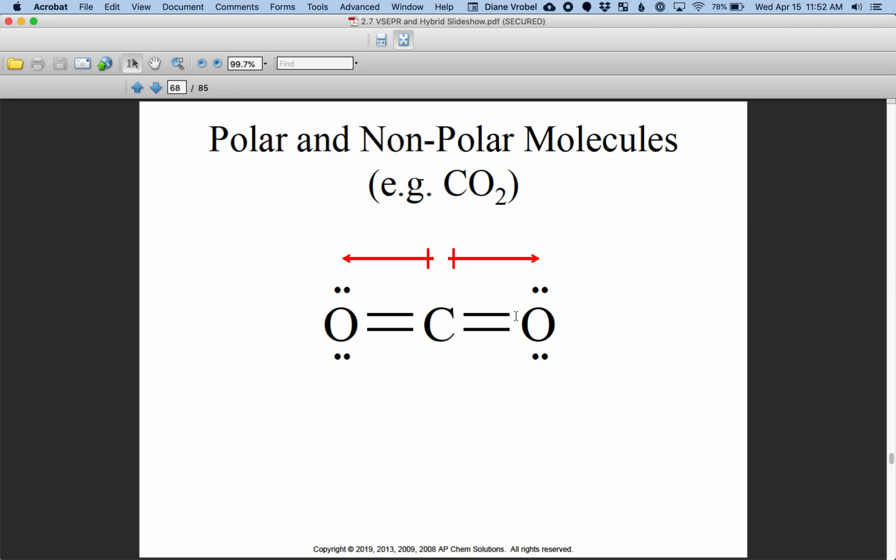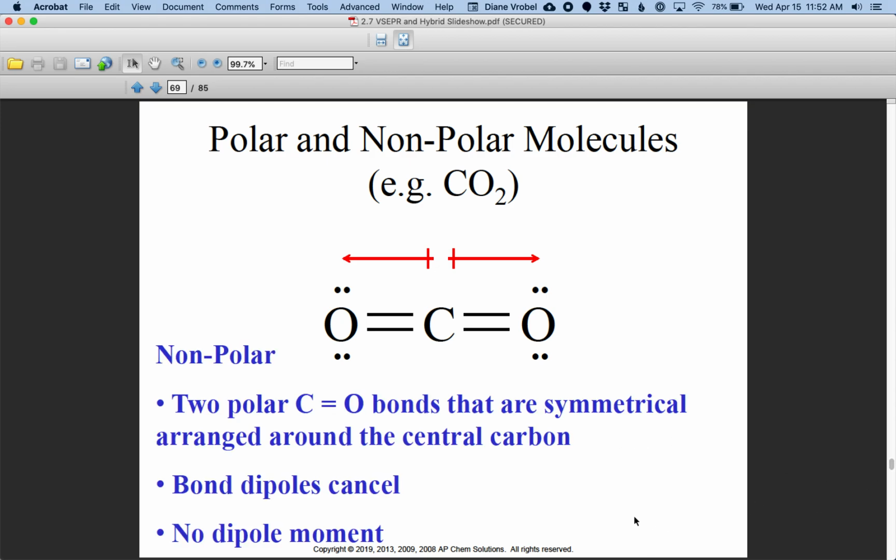So carbon is having a tug of war with oxygen, and as a result of it, it is equally being pulled on both sides. So what happens is this overall molecule is nonpolar because it is symmetrical and the dipole is being pulled in equal but opposite directions. So we get a cancellation of these dipoles, and as a result of it, there is an overall lack of polarity. So this molecule is nonpolar.